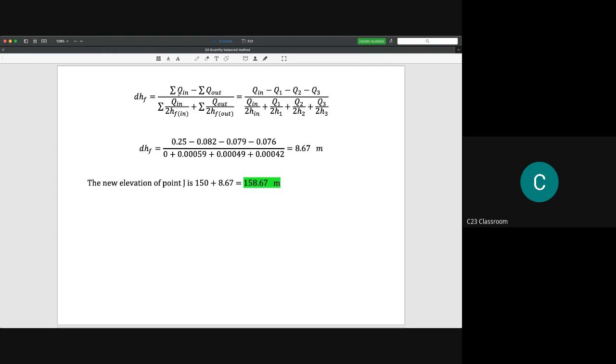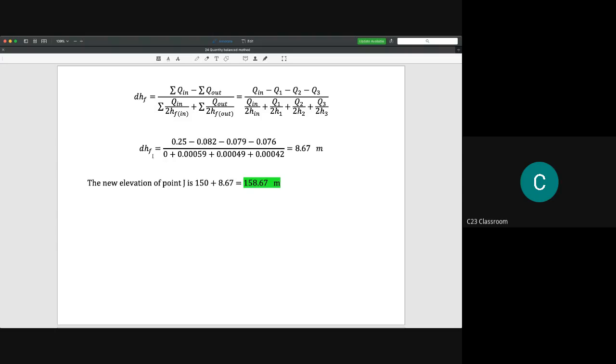So we have sigma Q, total flow rate for inlet, minus total flow rate for outlet, and then we divide with the Q in over 2HF for in plus Q out over 2HF for out.